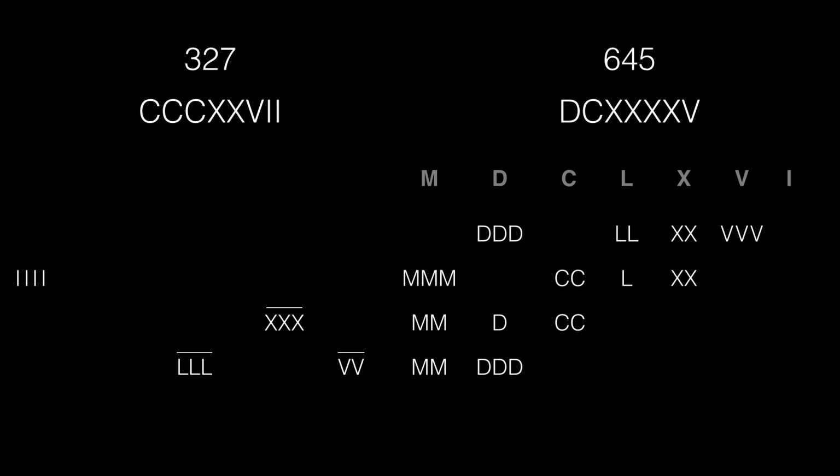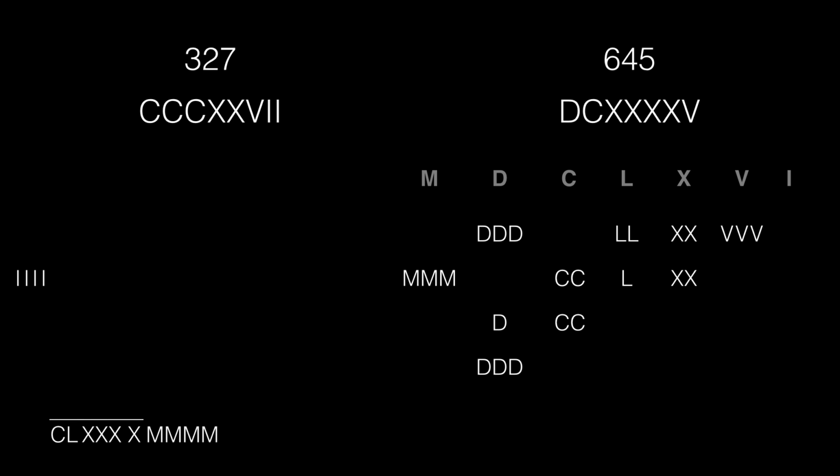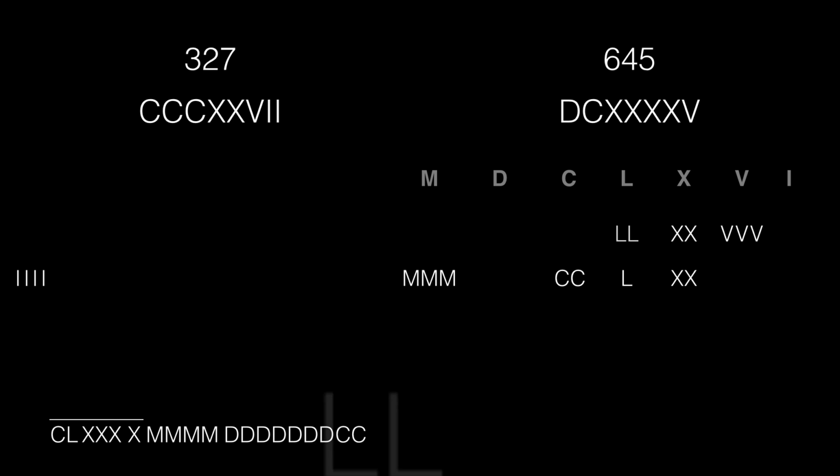Okay, so let's start putting the numbers together. The 3 L's can be written as a CL followed by the 3 X's. The 2 V's can be written as another X, and of course the macron, followed by those 4 M's, those 7 D's, those 2 C's, those 2 L's, those 2 X's, those 3 V's.